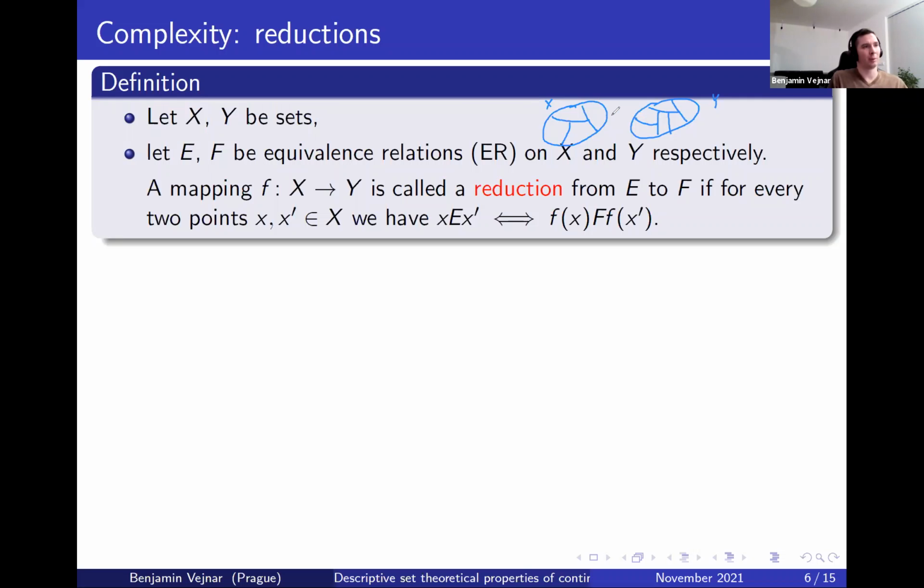And we say that a mapping f is a reduction if this condition holds, which means that if we consider points in some equivalence class here, then they have to be mapped into some equivalence class in Y. And if we consider two distinct classes here, then these are mapped to distinct classes in Y.